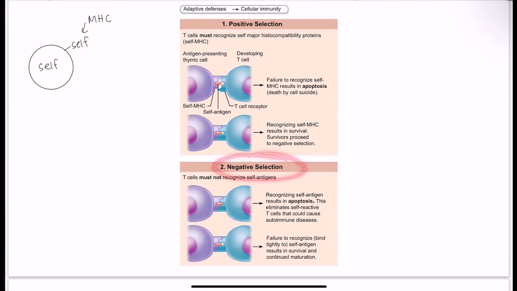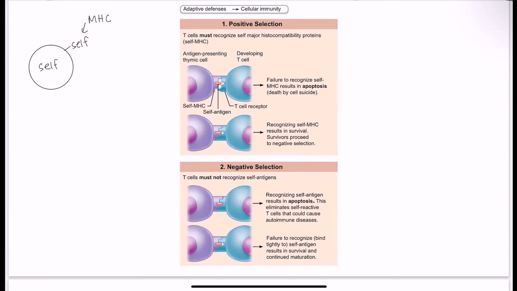The negative selection bit is that our self proteins have a little pocket where an antigen lives. We want to make sure that T cells don't recognize self antigens. If the T cell recognizes that little antigen in that pocket of our self protein, that's no good because it's going to start attacking us. What we want is for that T cell to be like, what's going on in your little pocket, MHC complex?